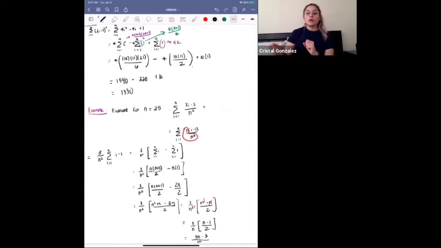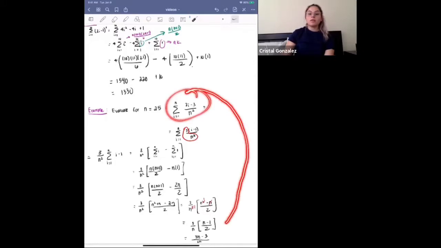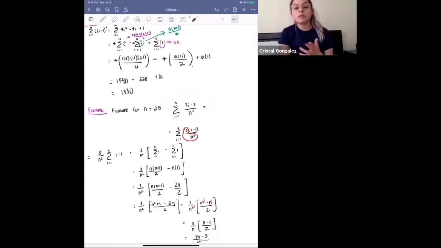So to evaluate this summation, when we simplified it, we got an equation for it, and we used the properties of our summation in order to get it. Now what we want to do is plug in n equals 25 because I wanted to evaluate it for n equals 25. So let's go ahead and evaluate for n equals 25. Before we do that, let me move over to the next page.